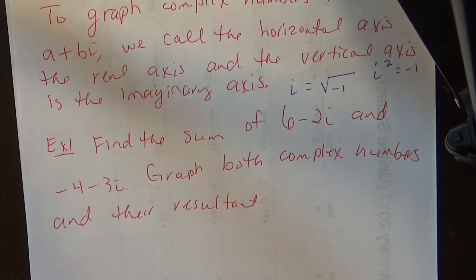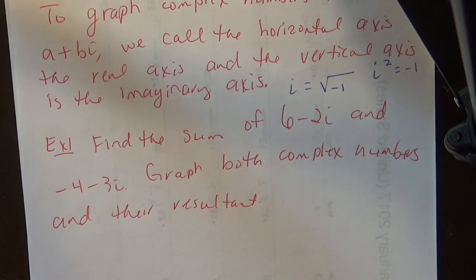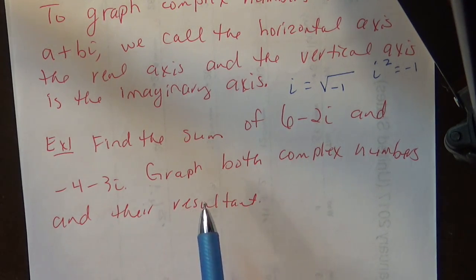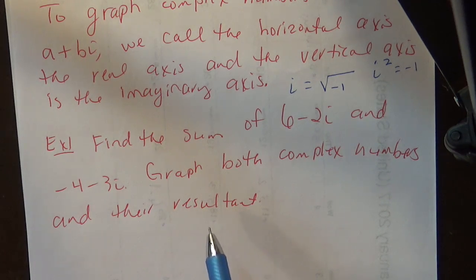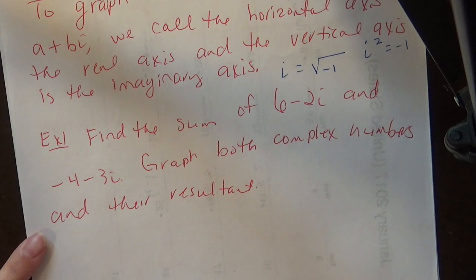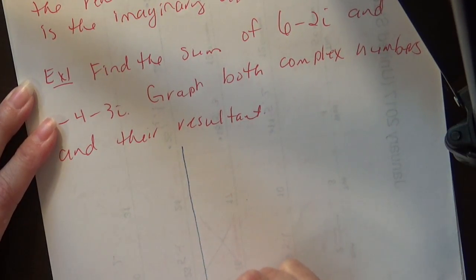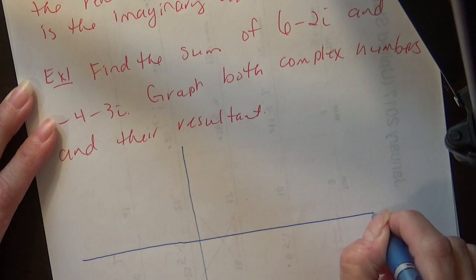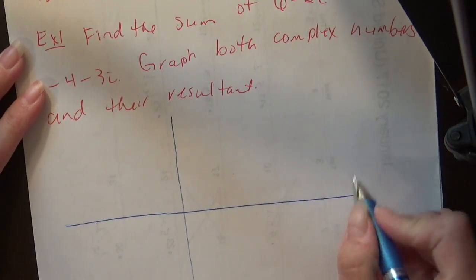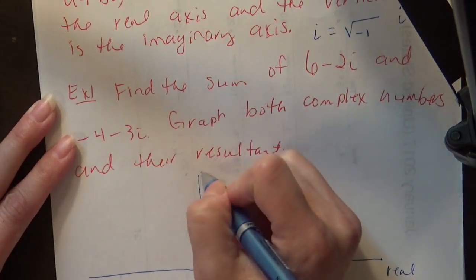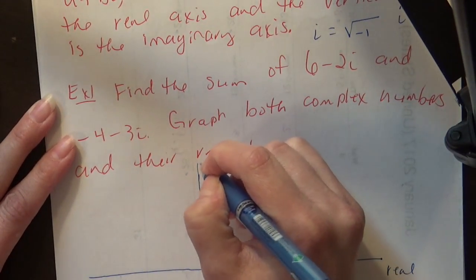In example 1, we want to find the sum of 6 minus 2i and negative 4 minus 3i. Graph both complex numbers and their resultant. Remember, the resultant is basically the result after you've added them. Okay, so we're going to sketch our graph. The x-axis is going to be the real axis and the y-axis is the imaginary axis.